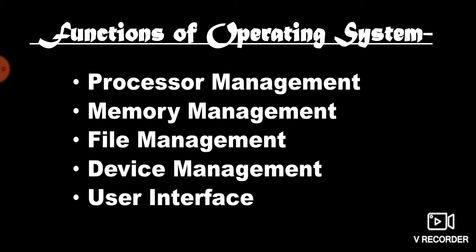So processor management means providing or allocating the CPU to various running processes or applications at the same time. Because if the processor is not available for processes, then the processes cannot take place, they will not run. So it makes the CPU available for all the processes.